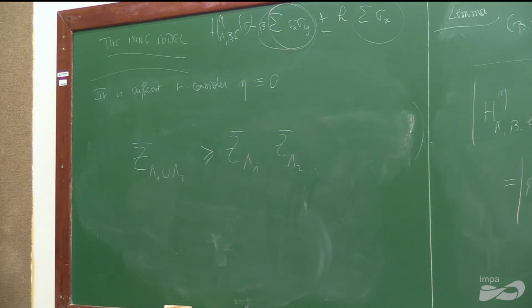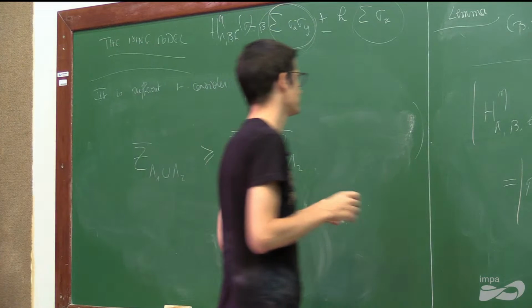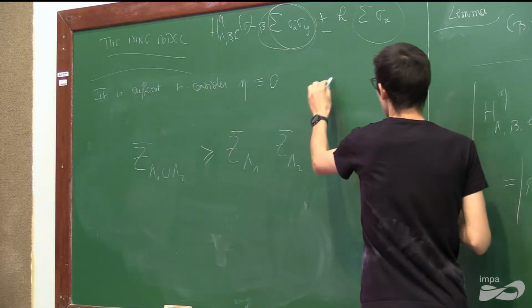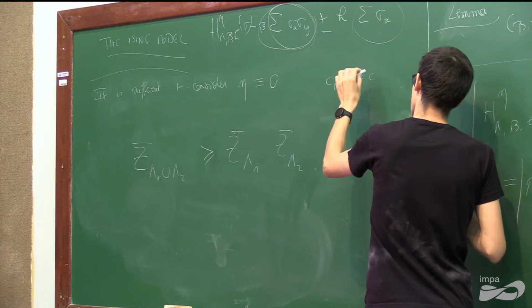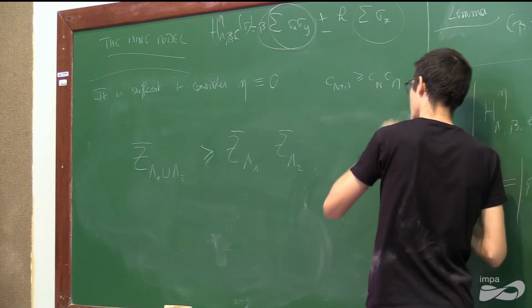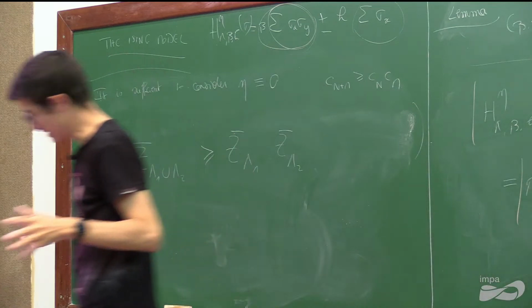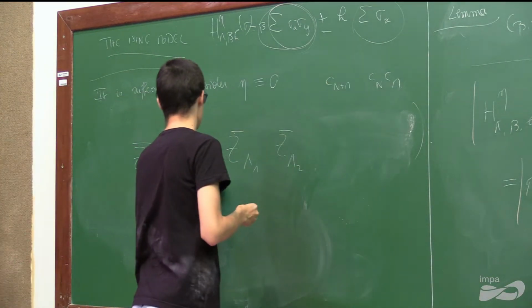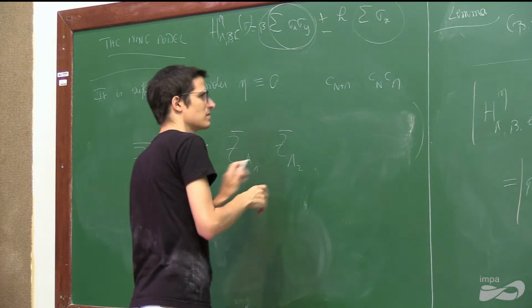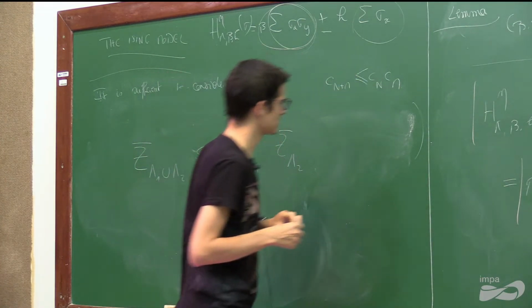I don't know if you remember what we did for the self-avoiding walk. We were saying that you should take the number of self-avoiding walks of length n plus m. It was smaller. Let me make it like this, just for the sake of having something similar.